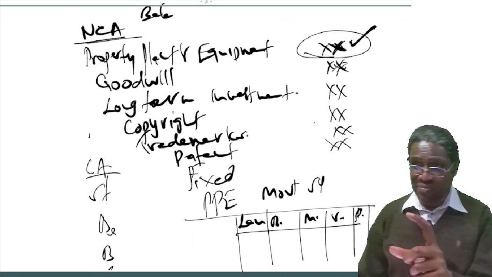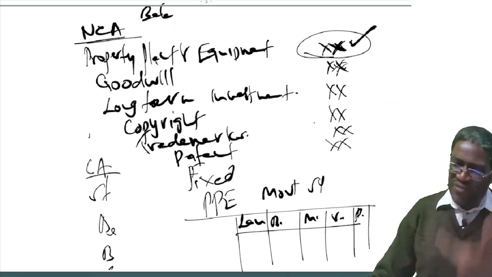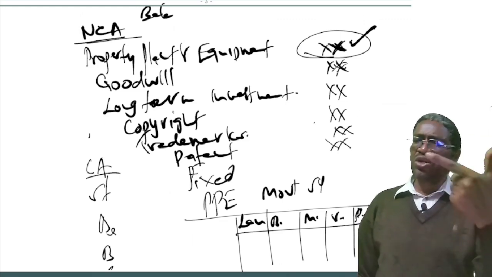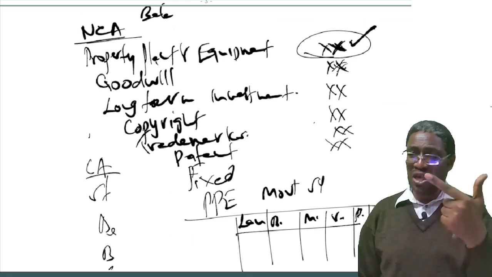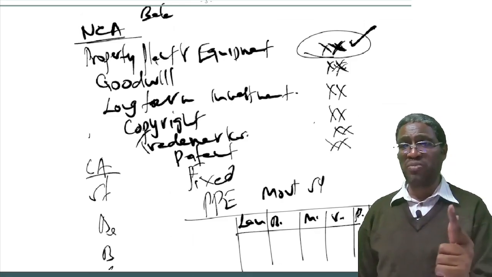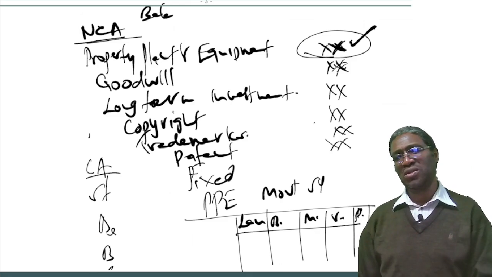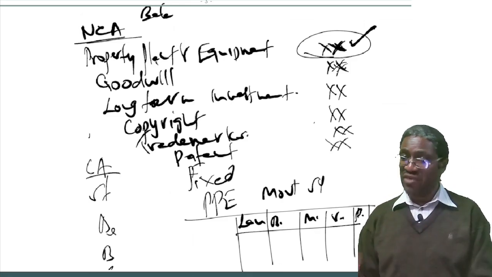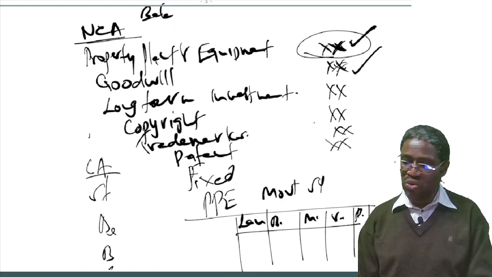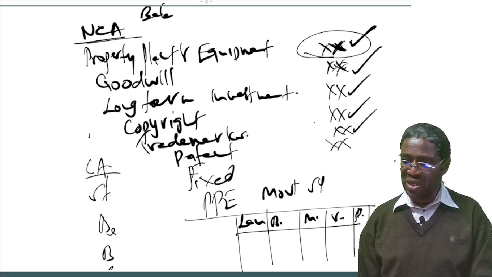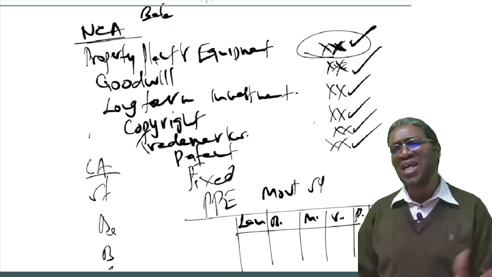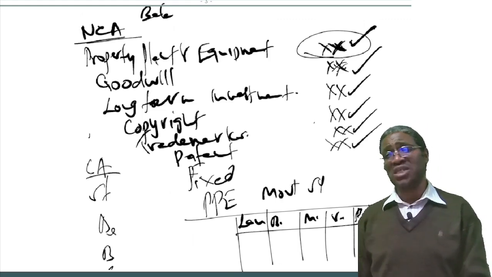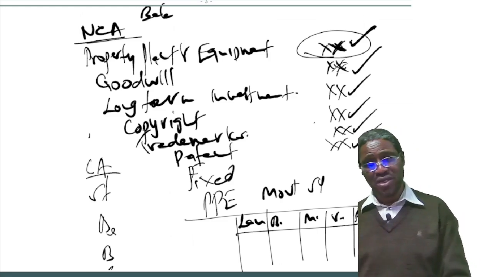Then I've said any other fixed asset which cannot be classified as being part of the property, plant and equipment, that is the one that you now disclose separately. I've given examples like goodwill, long-term investment, copyrights, trademarks, patents, and any other that cannot be classified as part of the property. Listen.